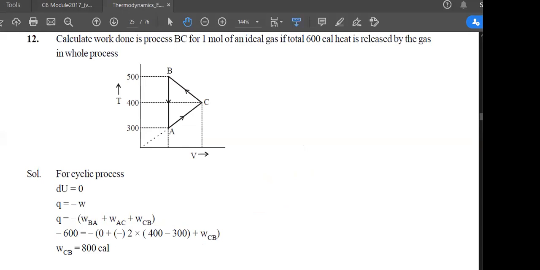Everyone just raise your hand if you understood how to solve work done in a cyclic process. Okay, very good. Preetham, you understood? Jitendra, how did you get this answer? Tell me, because you haven't solved it.